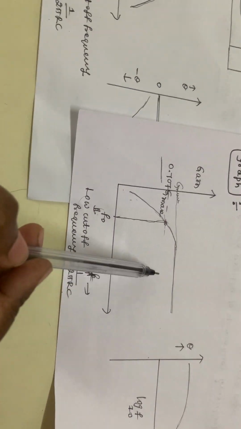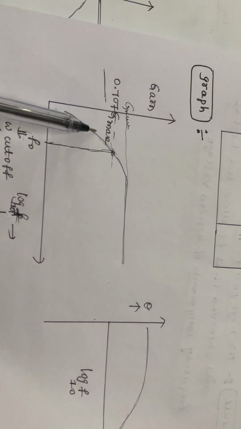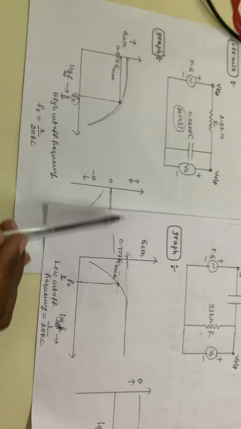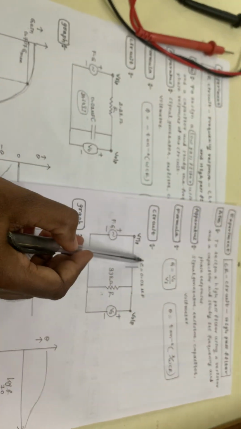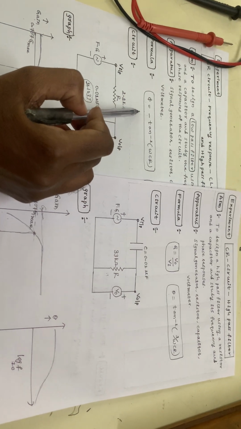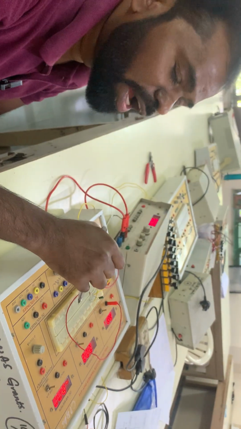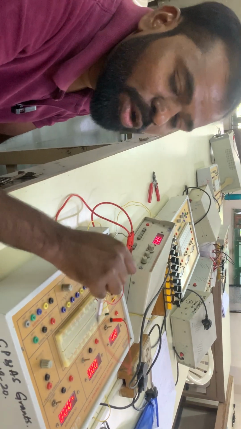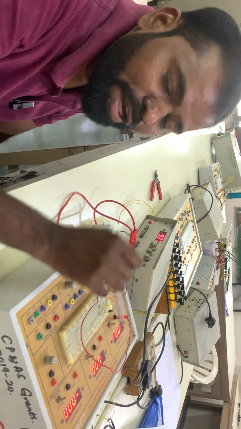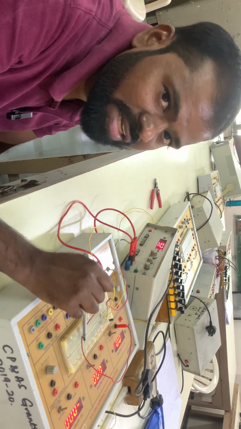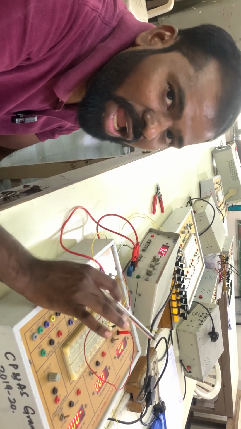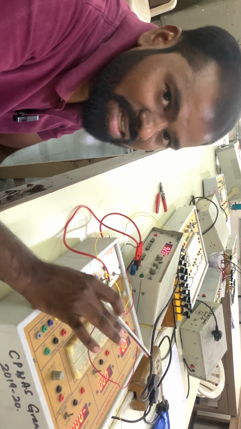So that's why an RC circuit can act as a low pass and a high pass filter. This is the theory. We do the experiment to take the graphs and calculate the cutoff frequencies. From that we have to tell the result. Thank you.